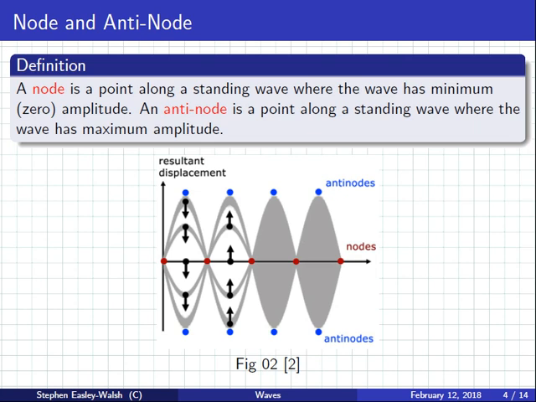It's good to have the picture, because in the exam it will be common enough for them to ask you to draw a standing wave and to label the nodes and antinodes on it. And it's worth pointing out, you notice that the endpoints here are also called nodes, not just the middle points.